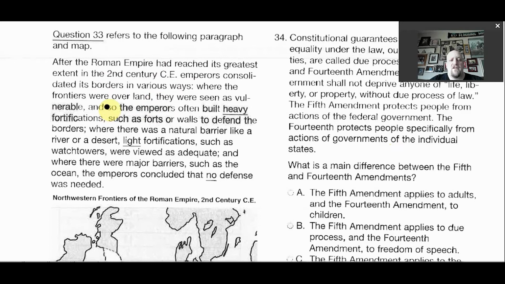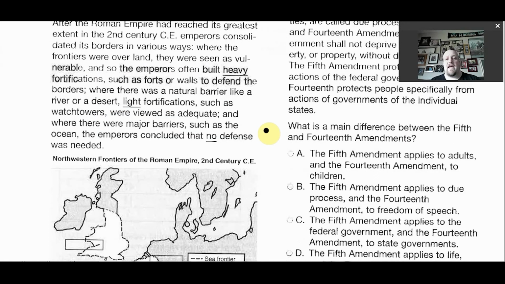Where the frontiers were over land, they were seen as vulnerable. So if it was on land, it was vulnerable from all sides. Often, the emperors built heavy fortifications on land, such as forts, walls to defend the borders.